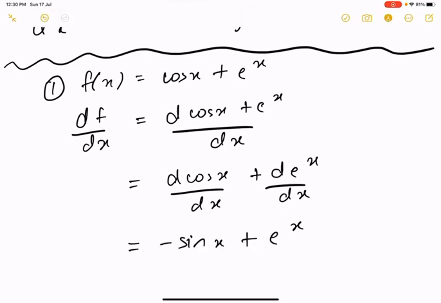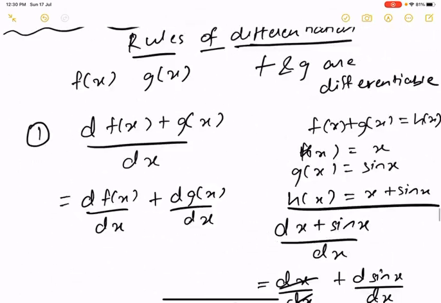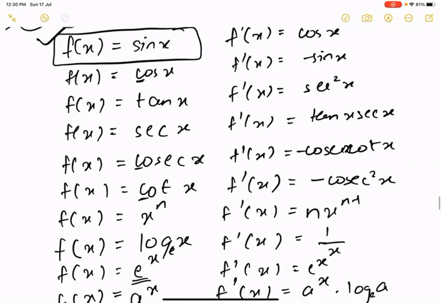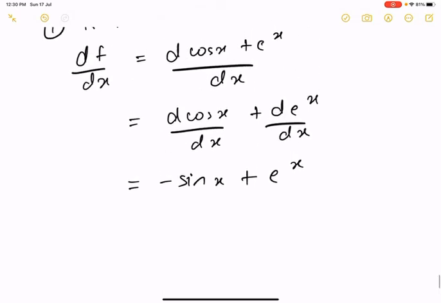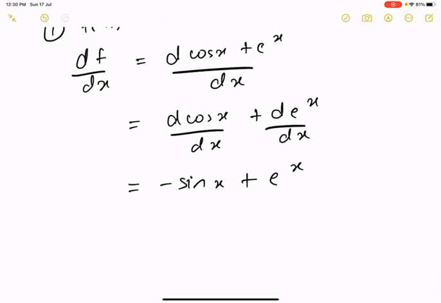Differentiation of e raised to x is e raised to x. Now this, I told you, derivatives of special functions. I have written that over here. Yeah. So we need to use this. Derivatives of special functions, that is an important thing that everyone should know. So that's it. So this is derivative of f.